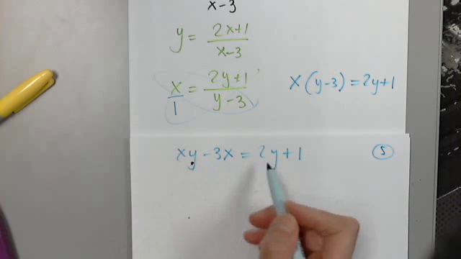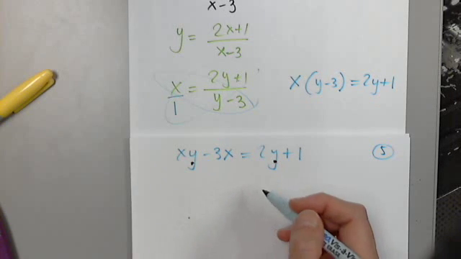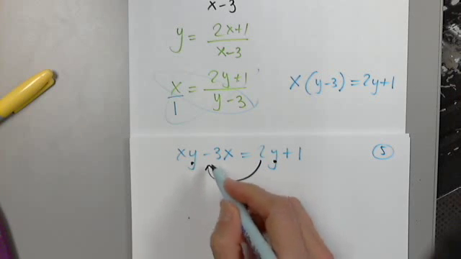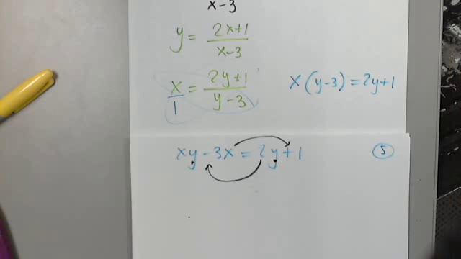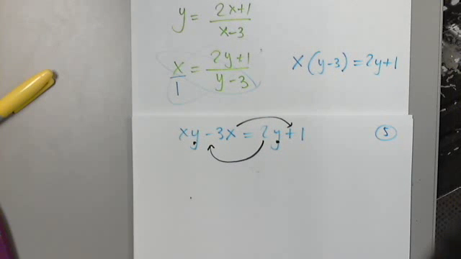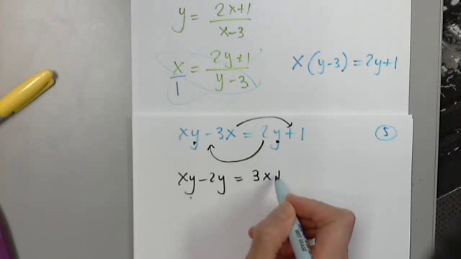Remember, I'm solving for y. Next step. I can't, but first of all, I have to put the terms that should be on the same side together, right? So I have xy minus 2y equals 3x plus 1.